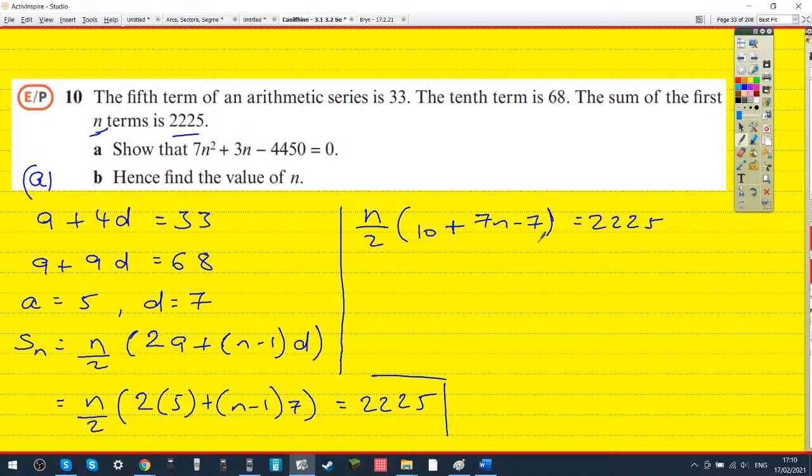So if we times everything by 2, then that gets rid of the 2 on the left hand side, and we need to times the right hand side, so that will become 4,450.